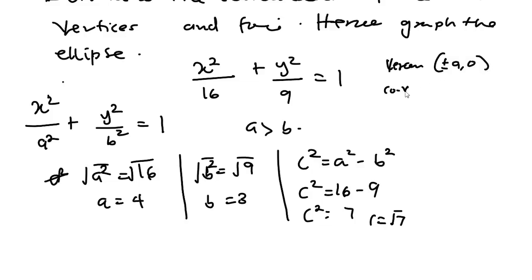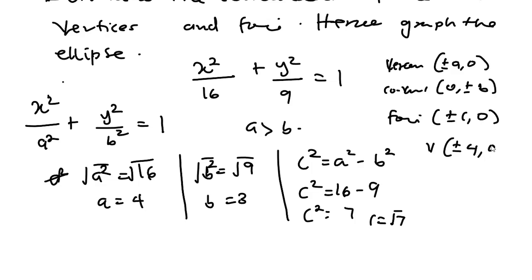Then the co-vertex we have 0, plus or minus B. Then the foci lie on the horizontal, so it is going to be plus or minus C, 0. So the vertex will be plus or minus A, A is 4, then we have 0.